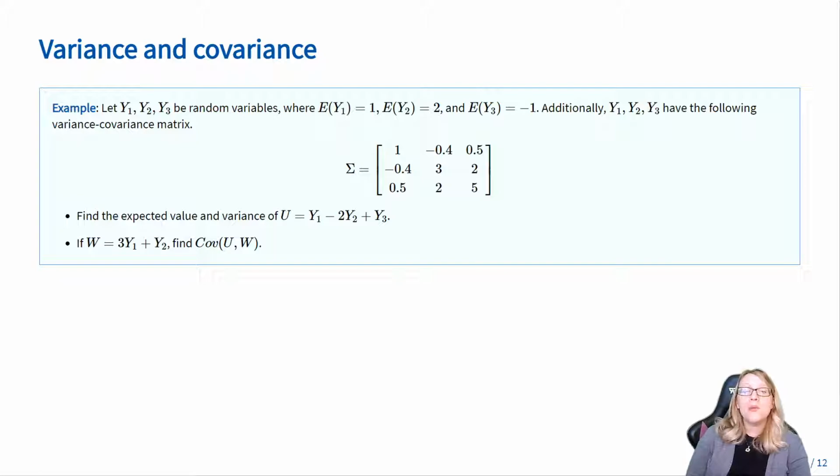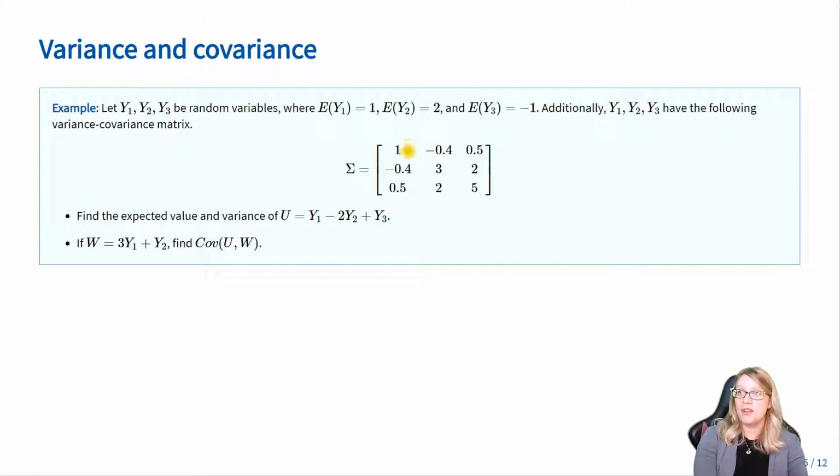We'll let y1, y2, y3 be three different random variables. The expected value of y1 is 1, the expected value of y2 is 2, and bucking tradition, the expected value of y3 is -1. They have the following variance-covariance matrix, and here's how you would read this. The diagonal elements represent the variances of the random variables.